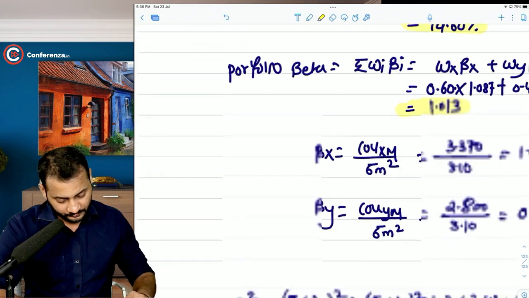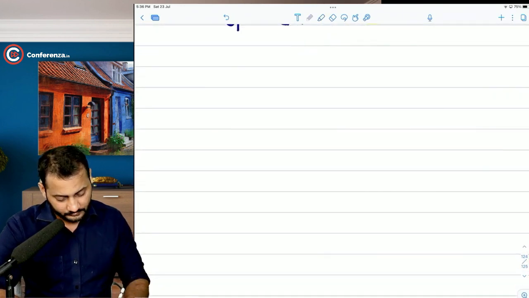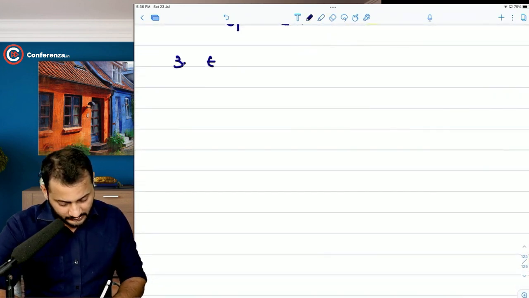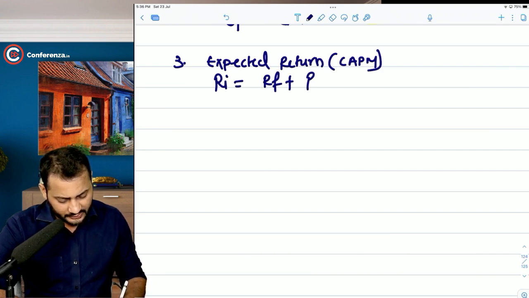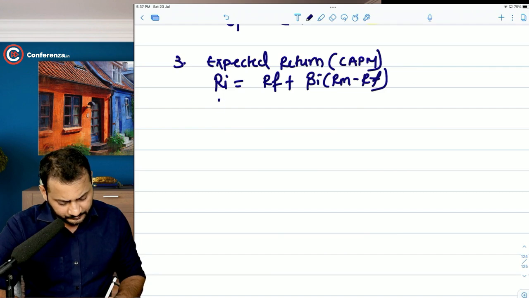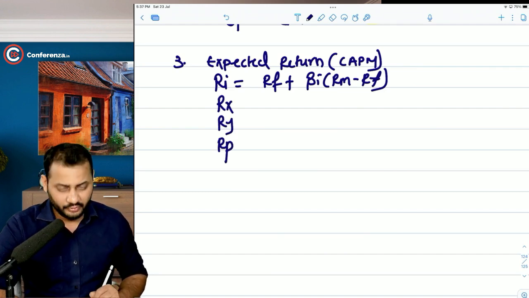Have a look. The third part. Expected return. In bracket we will write down CAPM. So this will be RI is equal to RF plus beta I in bracket market return minus risk-free rate of return. So this is going to be RX, RY, and R portfolio.